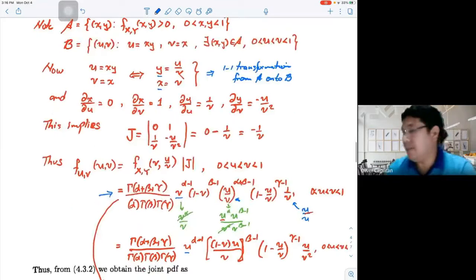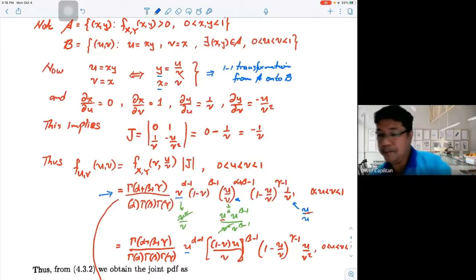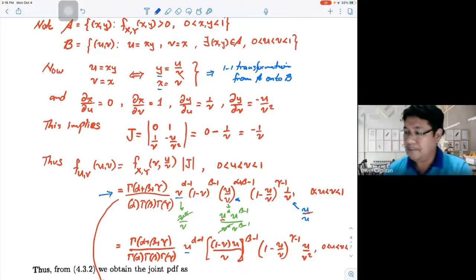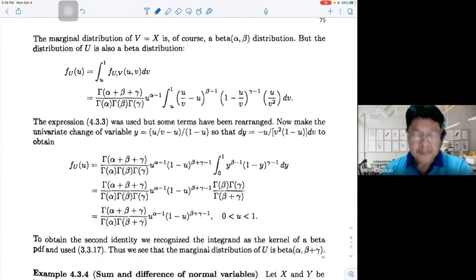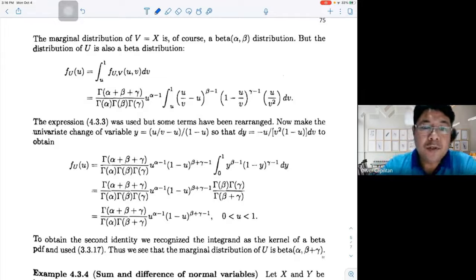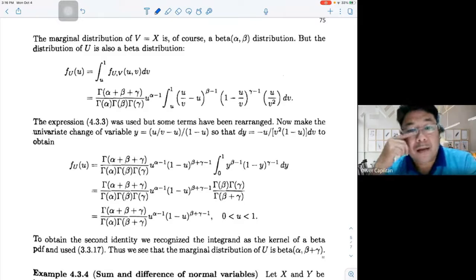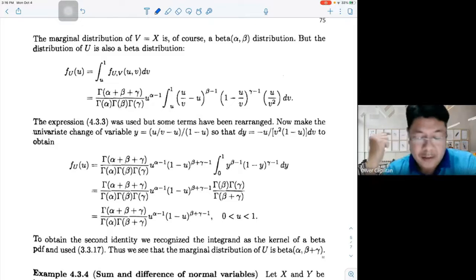So for problem letter D, we are now determining the marginal distribution of U. It says here it also has a beta distribution, but we're going to verify it.